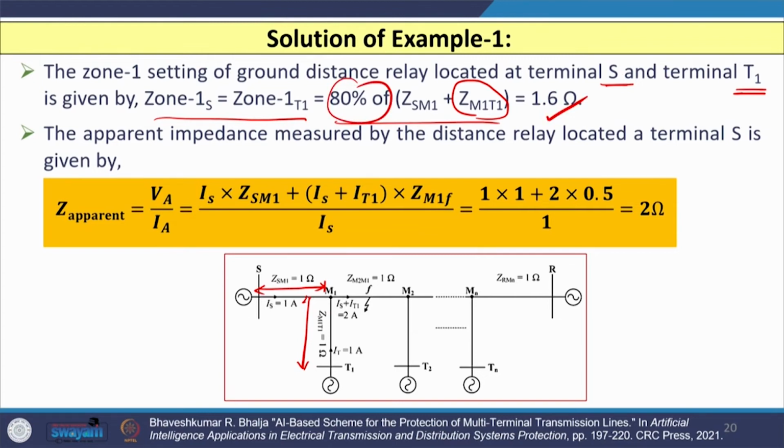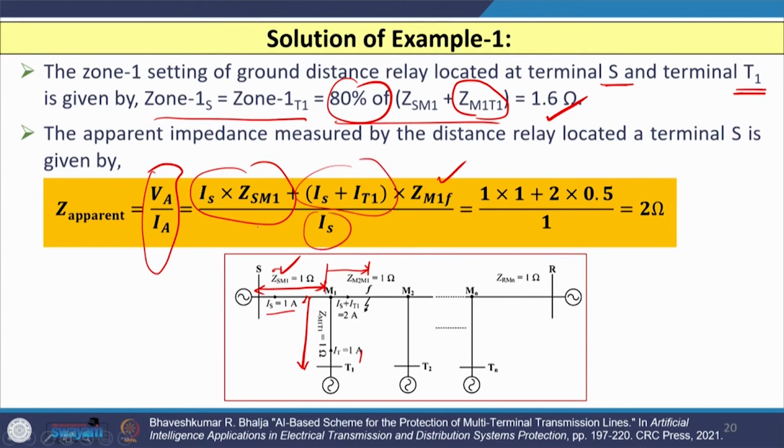The apparent impedance measured by the distance relay located at terminal S is given by the voltage divided by the current measured by the relay at terminal S, that is nothing but Is into this impedance, ZSM1, plus we have another impedance, because this much impedance is also there, that is ZM1F, and the current through this, that is Is plus It1, divided by Is.